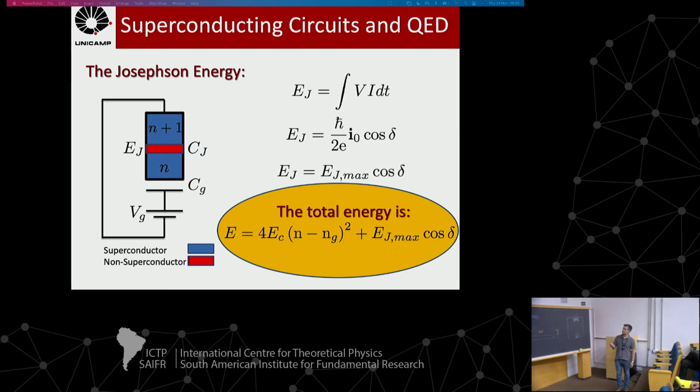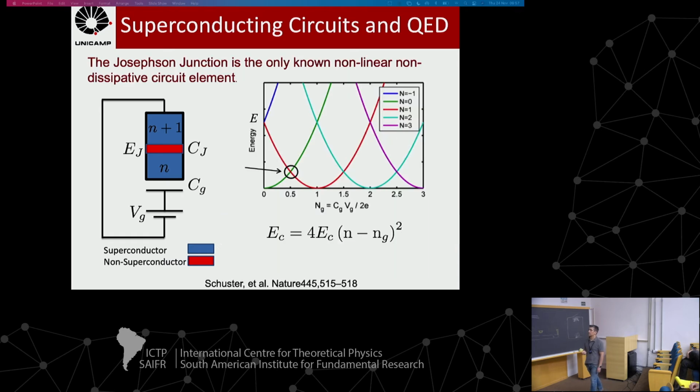Now we have the energy of this junction because of the capacitive energy and because of the Josephson energy. And this is the interesting part here. The Josephson energy gives us this cosine factor, that's the nonlinear part of the equation that's interesting for the calculation.